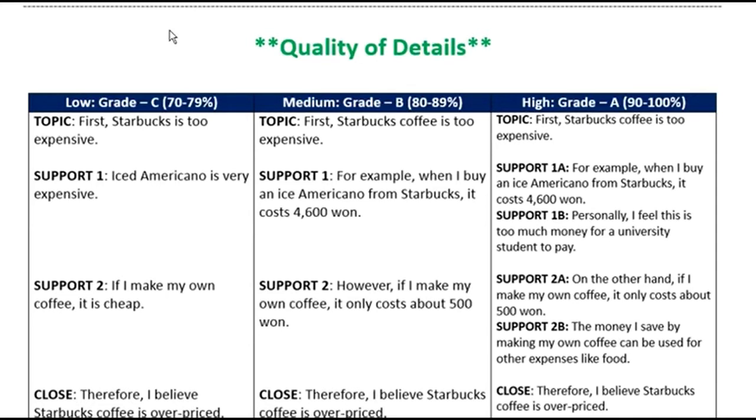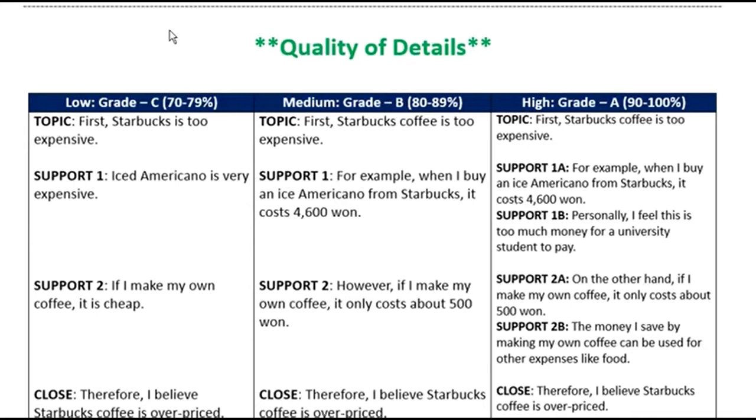So don't assume that your reader knows the cost of iced Americano. Maybe they have no idea. Okay, so you must tell them the actual cost. Okay, but just saying iced Americano is very expensive, I have no idea what you mean. I don't know why you think it's expensive. I have no idea.